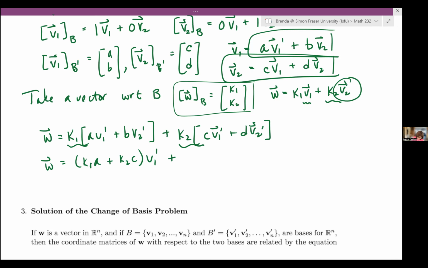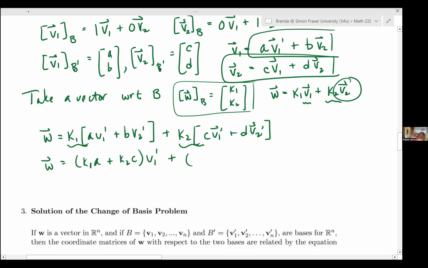And then we similarly end up with K1B plus K2D amount of V2 prime.